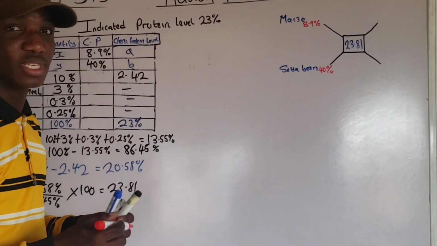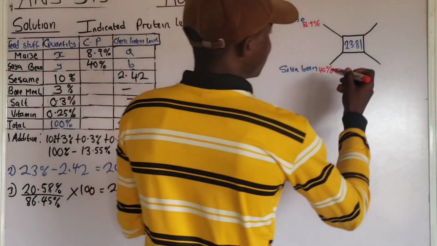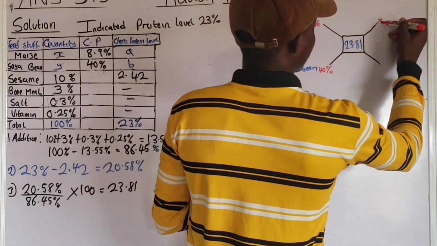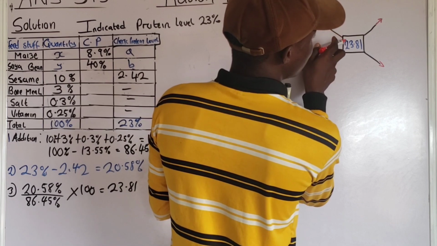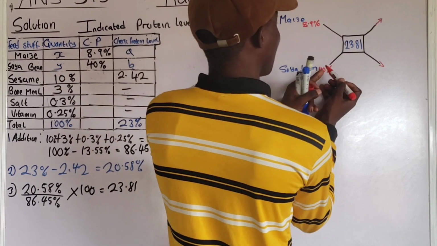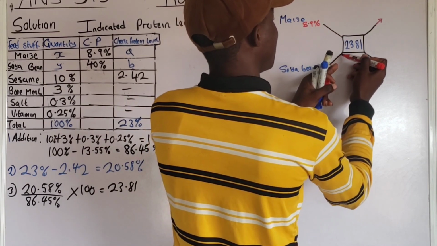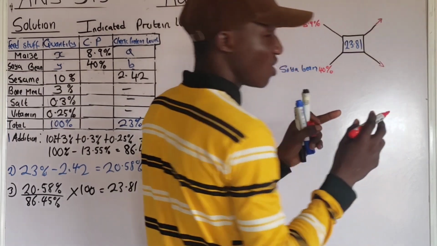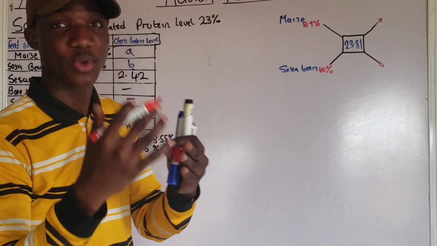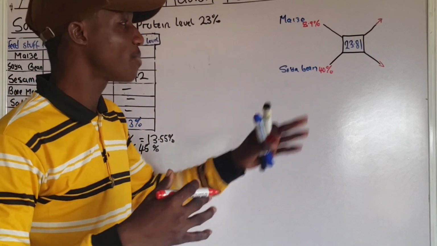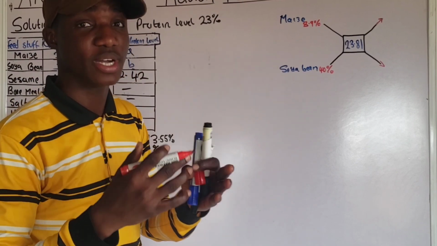Now, the next step, please pay attention. Look at this arrow. This arrow comes here, pierces through the box and goes here. And this arrow comes here from here, pierces through this box and goes here. The reason I use that as illustration is to help you understand, okay? The next step is that you have to take the positive difference.